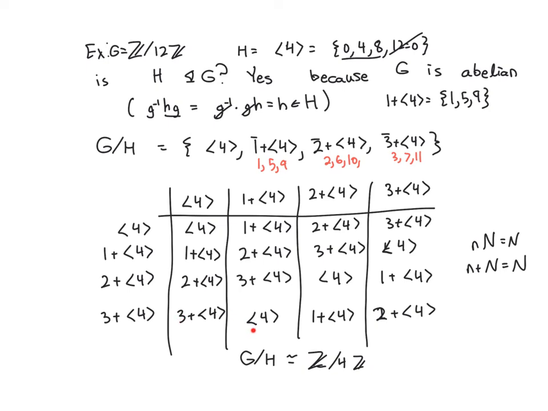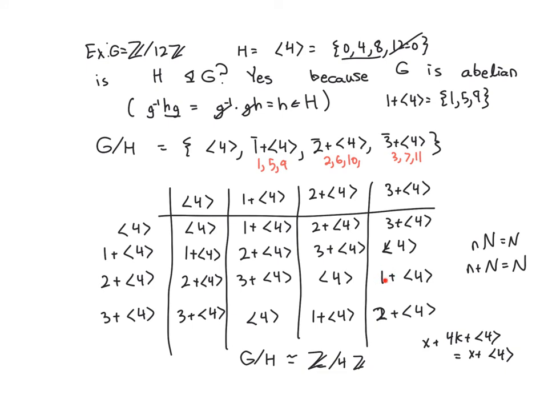So here I'm adding 3 to everything. And if you actually look at the addition operation, you see that what I'm doing is adding a plus b, and I'm computing the remainder mod 4. And that's not too hard to see why. It's because whenever I end up with a multiple of 4, the multiple of 4 corresponds to another element in the subgroup.